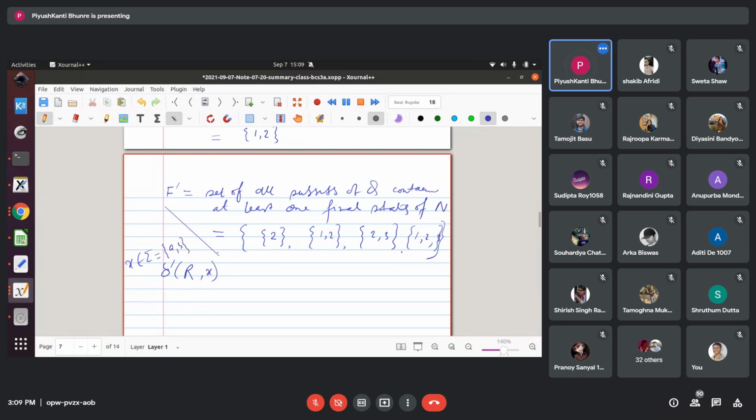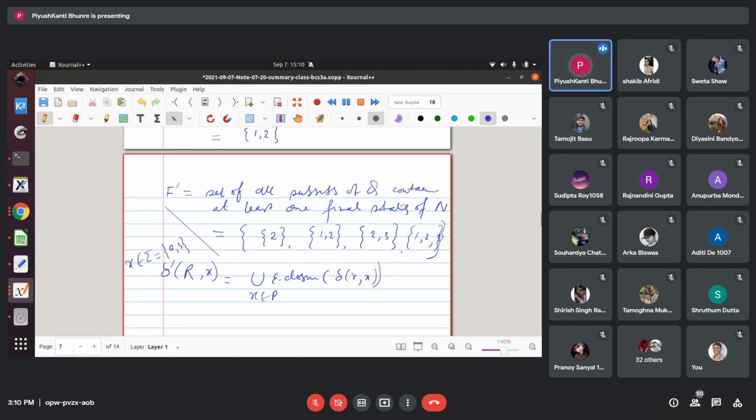In this case, this is nothing but union of epsilon closure of, I just write directly, epsilon closure of R. Okay, sorry, delta R x, or simply R x this.